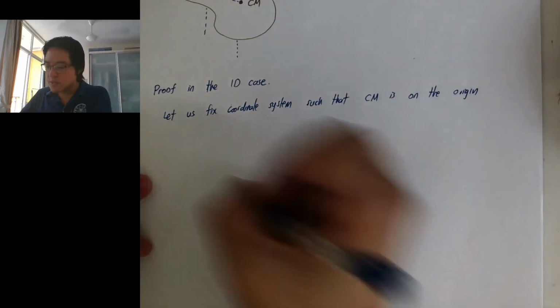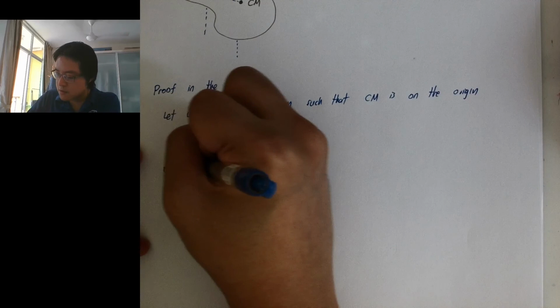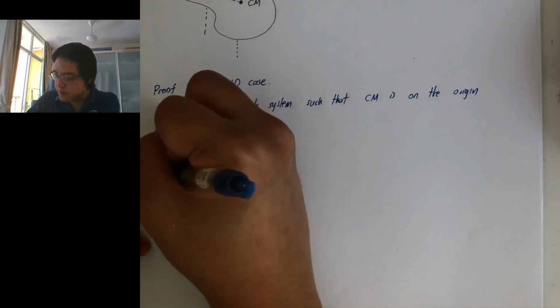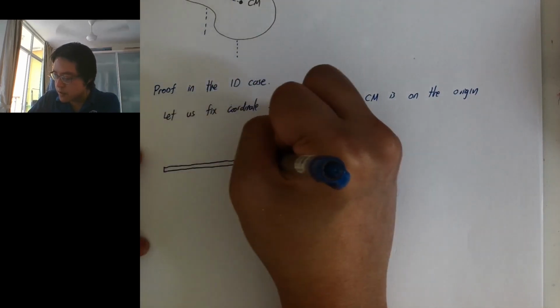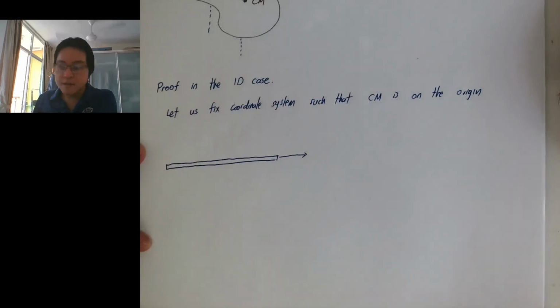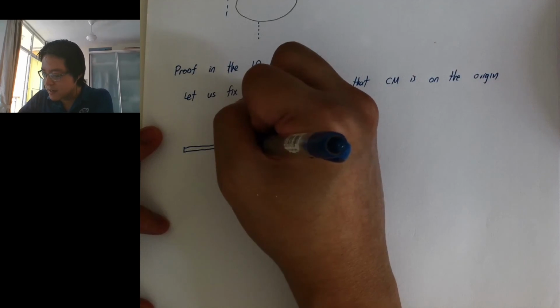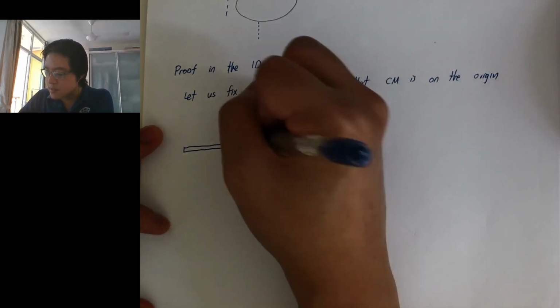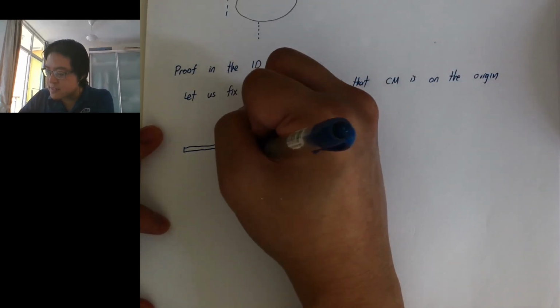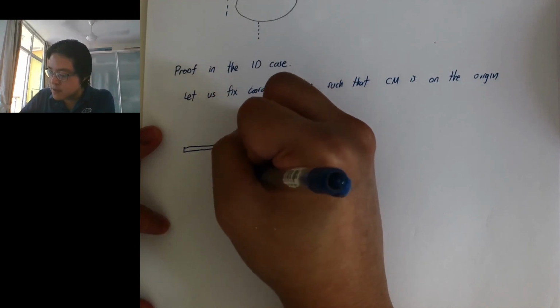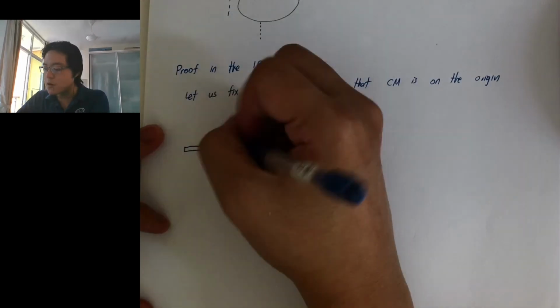That means if I talk about a rod, we should be quite familiar with the rod already. We have calculated the moment of inertia of the rods for different axes. This is my x-axis, and let's say this is my center of mass. So if this is my previous axis, the position of the center of mass is 0. This is the origin.